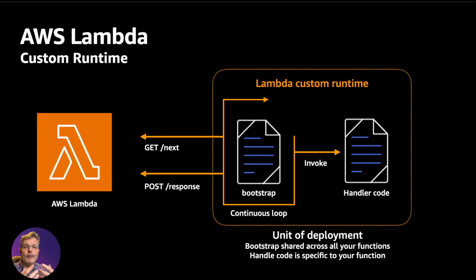When there is an event, your Bootstrap program can invoke your handler code, so the code of your Lambda function, your business code, and whatever is returned by the handler code can be sent back to the Lambda service with an HTTP post on /response. So this is the high-level concept of a custom runtime.